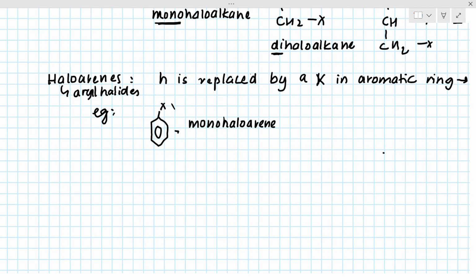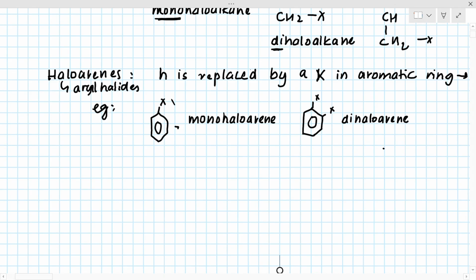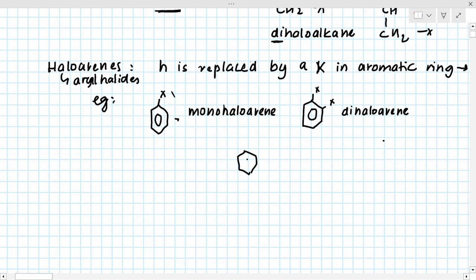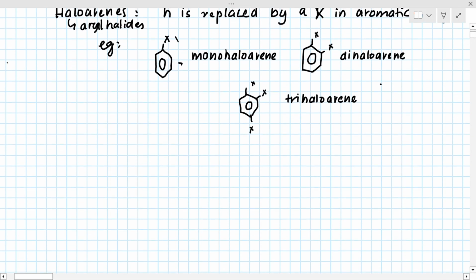One more is when two are substituted. When you have one benzene ring and two substituted, then it is dihaloarene. And when you have three substituted, then it is trihaloarene. This is how it is done.